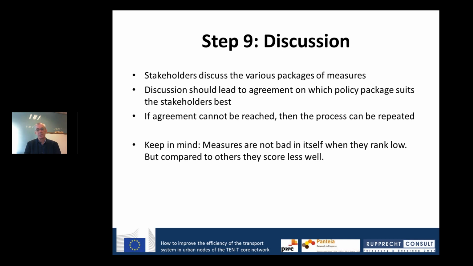Of course, this does not mean that the decisions in the end will match with the list of ranked policy measures, but it helps to make a decision. It supports a policy decision. One needs to keep in mind that the measures in itself are not bad when they rank low, but compared to others, they score less well.